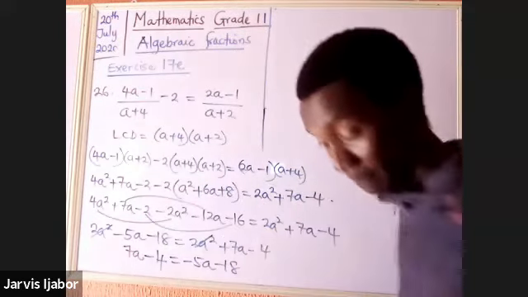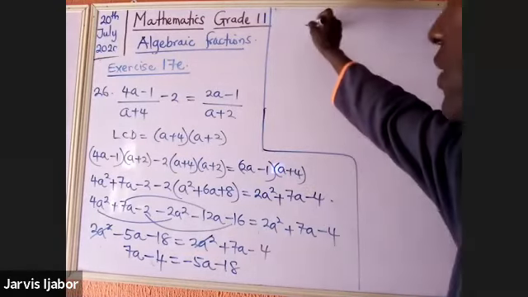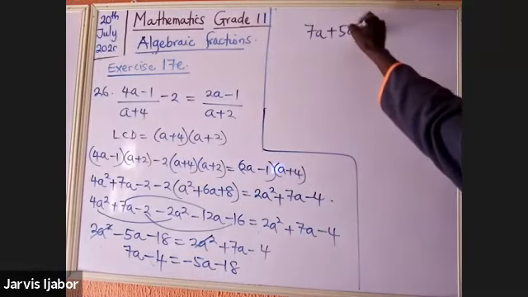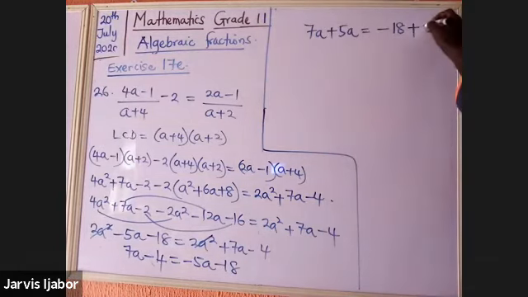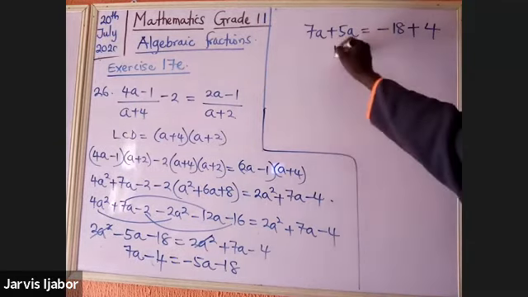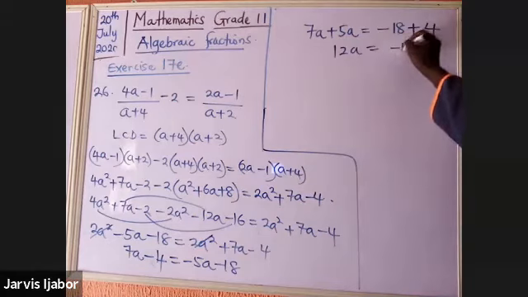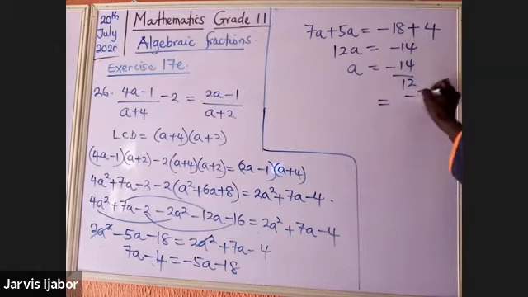So from here, this will give me 7A plus 5A equal to minus 18 plus 4. So this will give me 12A equal to minus 14, meaning that A is equal to negative 14 over 12, and that will be negative 7 over 6.